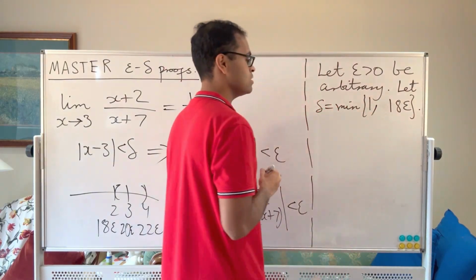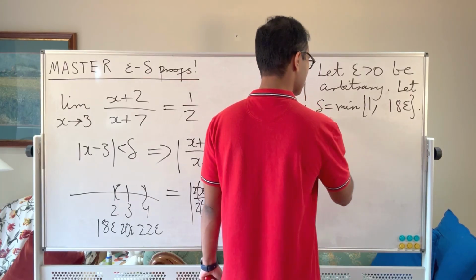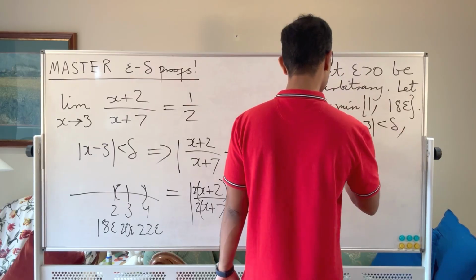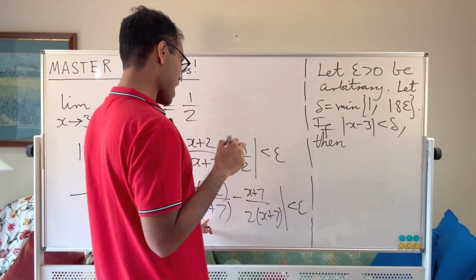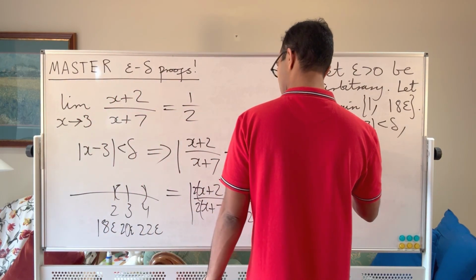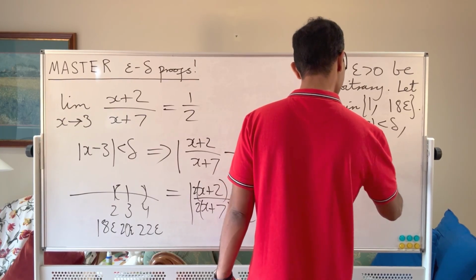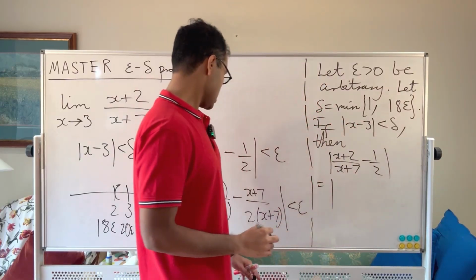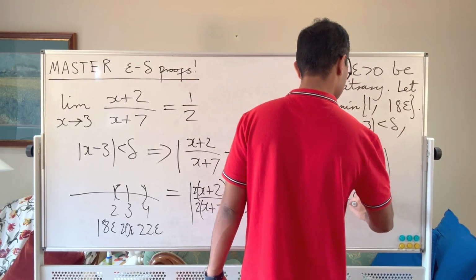So let delta equal the minimum of 1 and 18 epsilon. Now we can say, if the absolute value of x minus 3 is less than delta, then, and I'm going to do it slightly differently than I did earlier, we know that the absolute value of x plus 2 divided by x plus 7, minus half, after all our simplifications, equals x minus 3 divided by 2 times x plus 7.